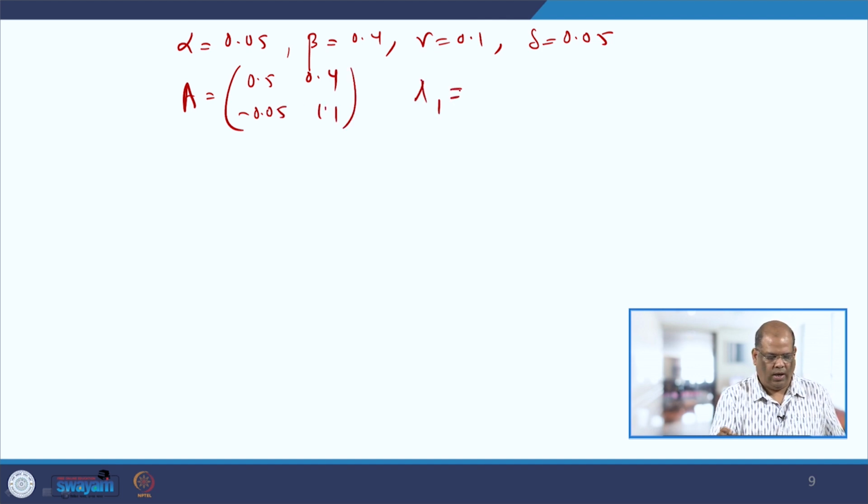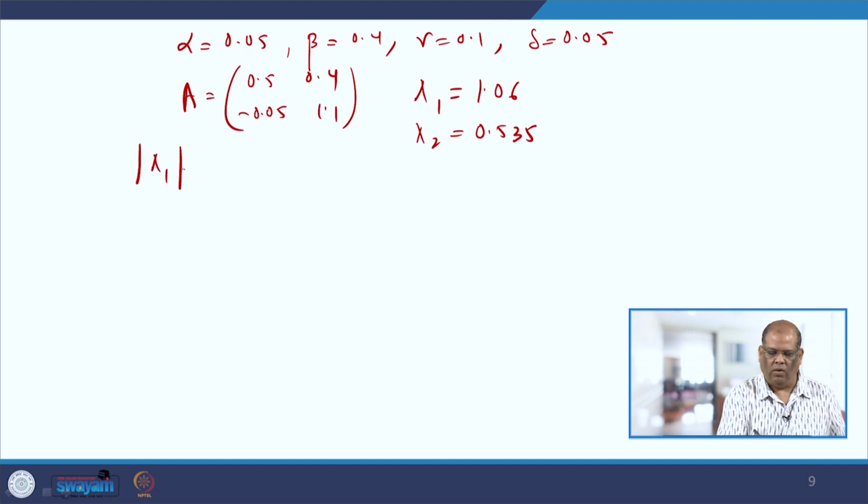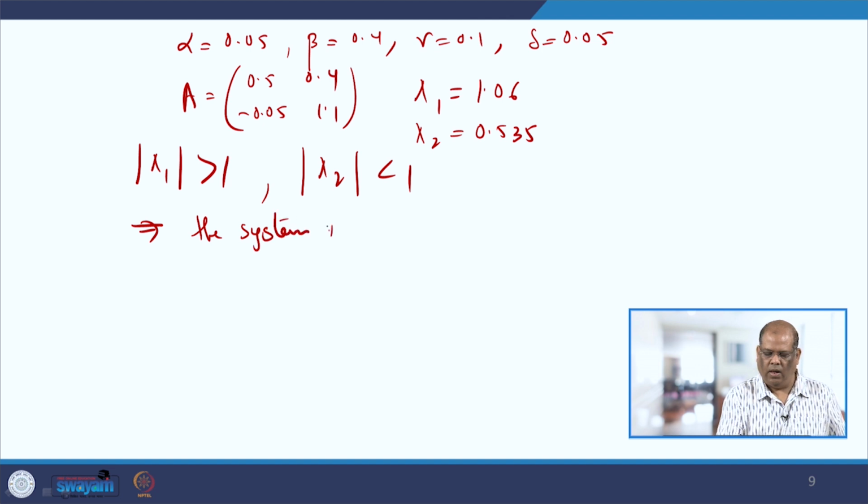And you can easily calculate the eigenvalues to be 1.06 and 0.535. So, if you notice, now one modulus is greater than 1 and one is less than 1, which implies the system is unstable at 0, 0.